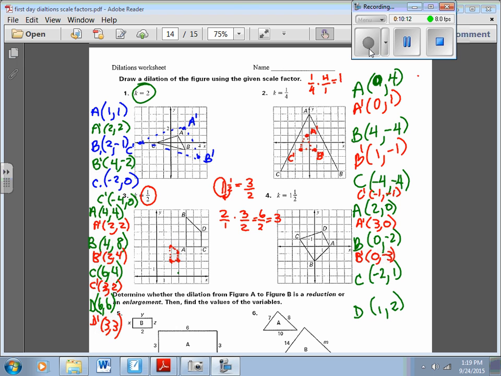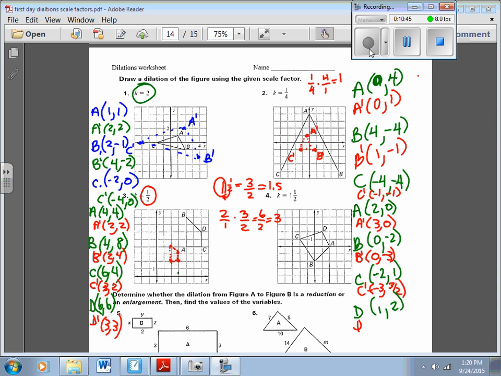Everybody see how I got that one? And for C prime, I'd have a negative 3, comma 3 over 2. Now 3 over 2 is the same as saying 1.5. So 1.5 of 1 is 1.5.